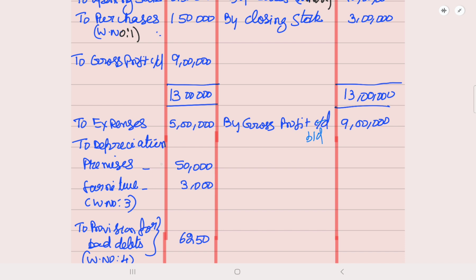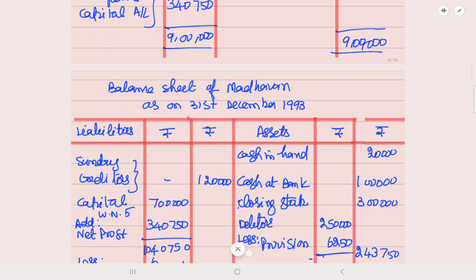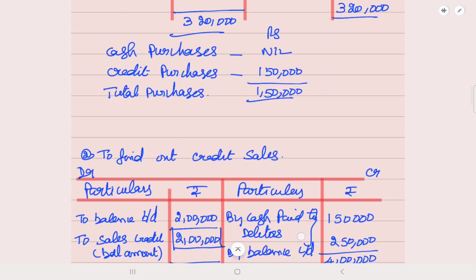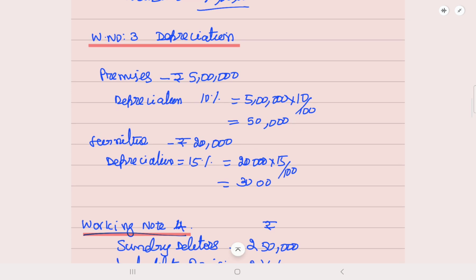Depreciation is given. Depreciation for premises and furniture, refer to working note 3. Premises 5 lakhs is in the balance sheet; depreciation at 10% is 50,000.